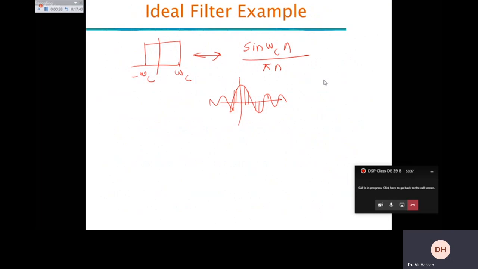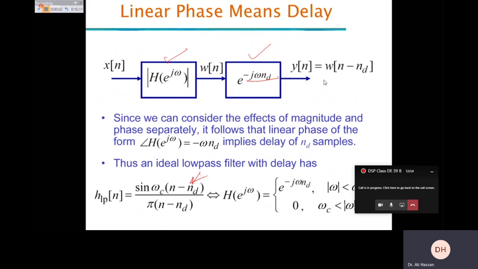Shift in time means the term is no more one, rather it depends on the amount of shift. So once you shift your sinc by nd, the one will change into exponential minus j omega nd.